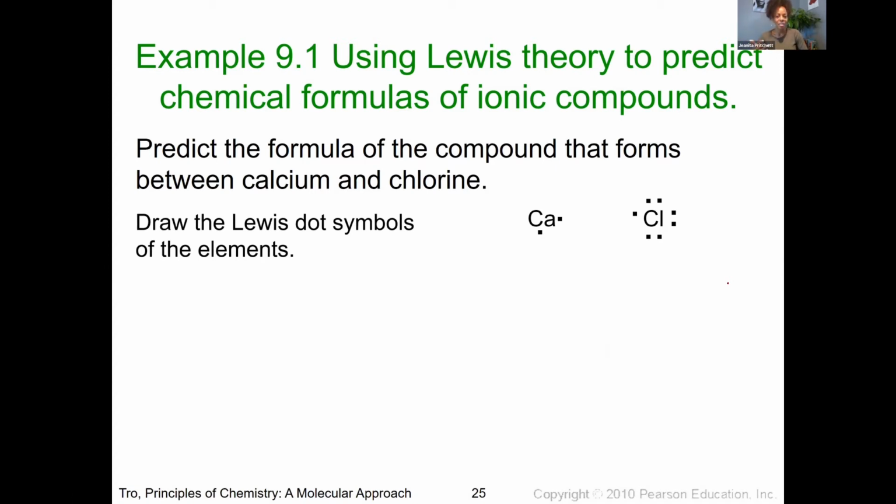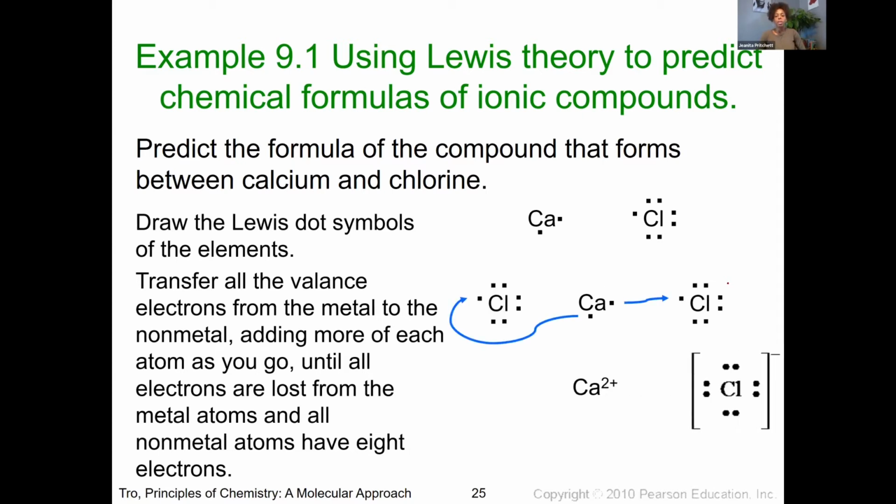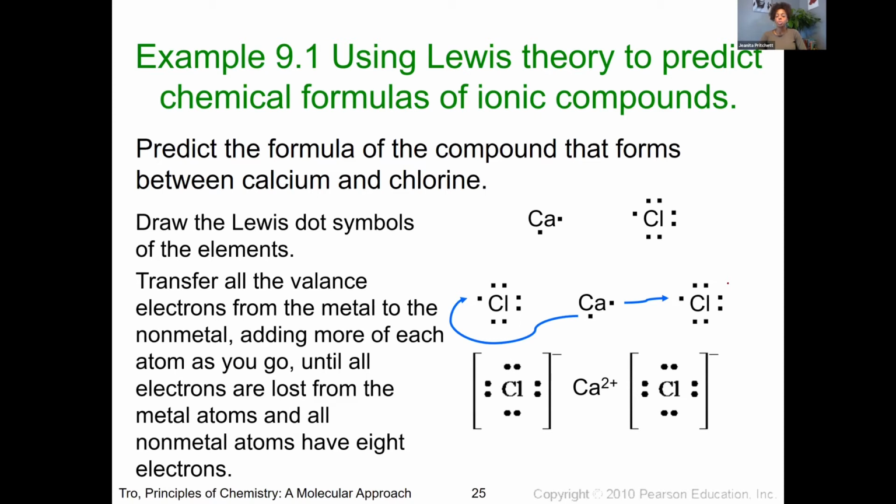But we would not have enough. We would need an additional chlorine to be able to take that additional electron from that calcium ion. As a result, we would then end up getting an overall formula of calcium with 2 chlorine ions, or calcium chloride, CaCl2.